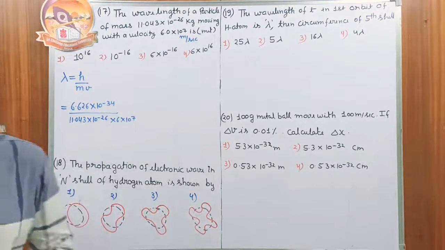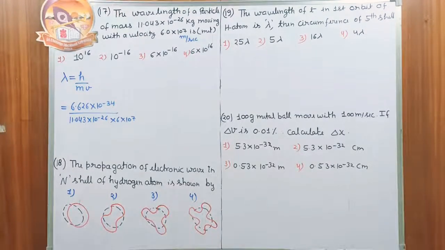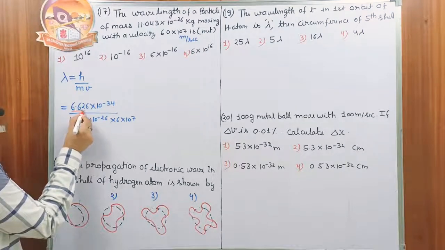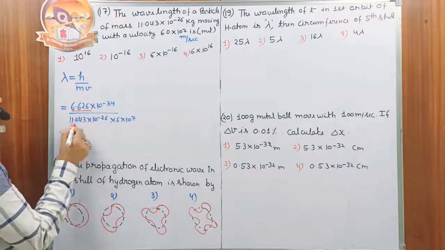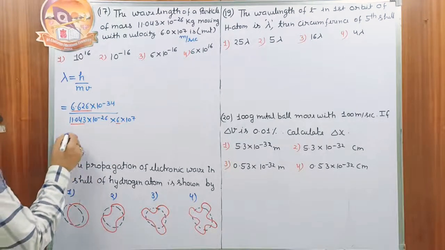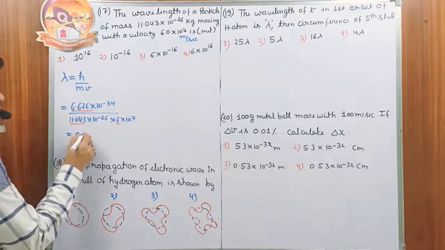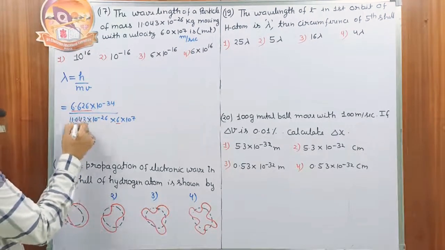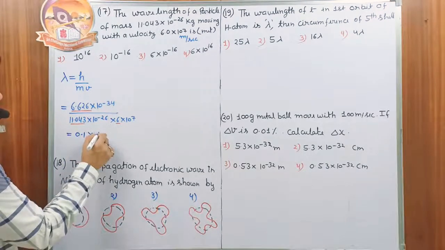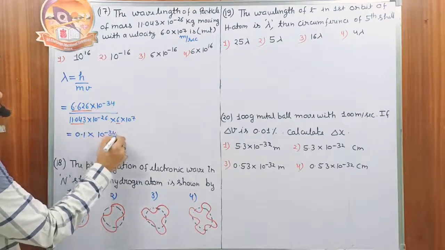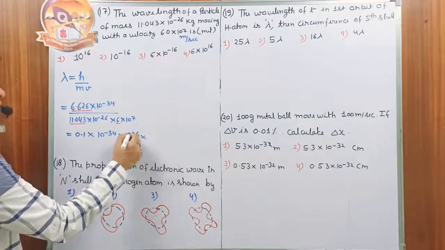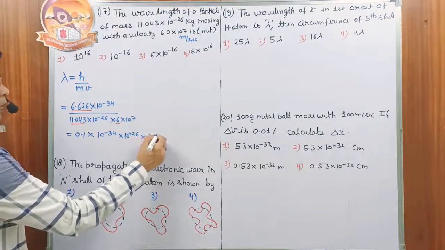Okay, if we solve, this is approximately 1 point something, and when we solve this one, it exactly comes as 0.1. These three calculations exactly come as 0.1 multiplied by 10 is power minus 34, multiplied by 10 is power minus 26 plus 26, multiplied by 10 is power minus 7.